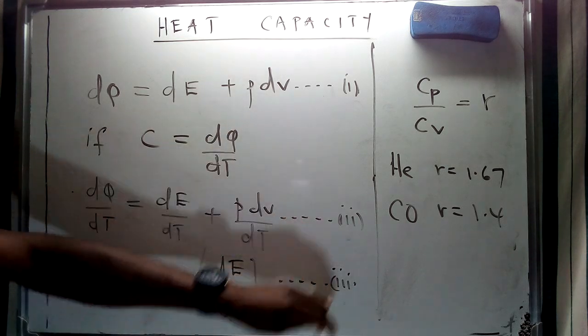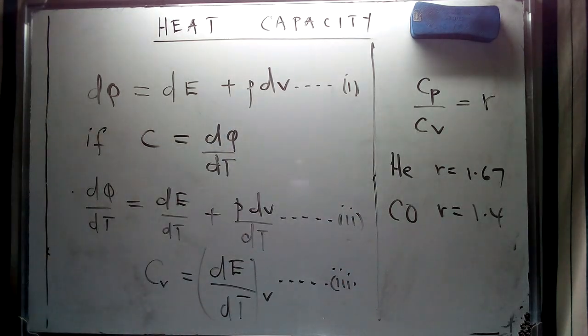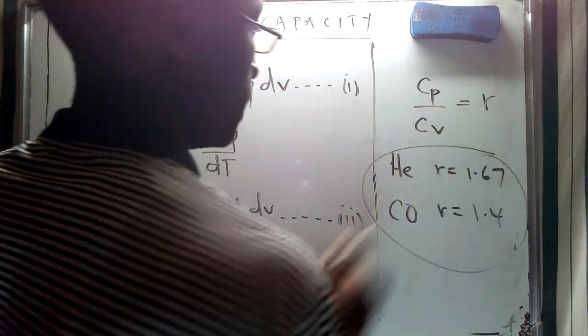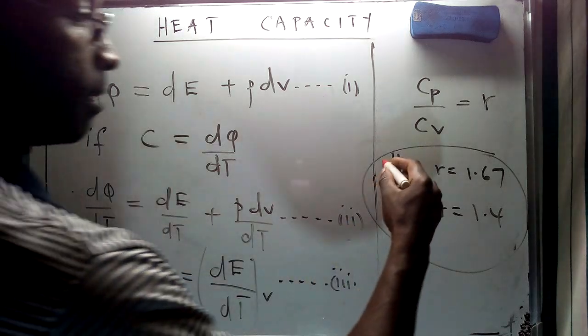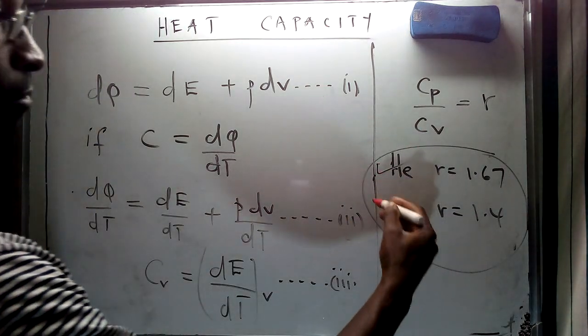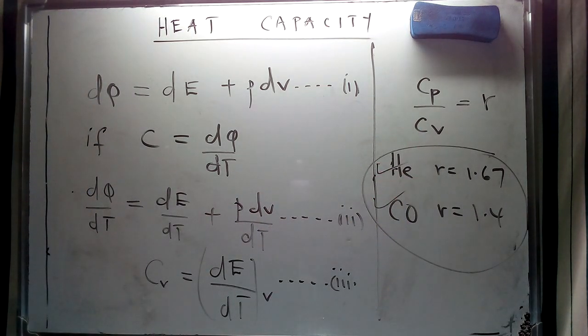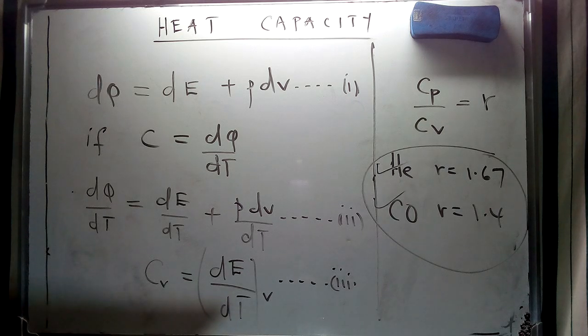The various equations that I've given on the board, 1, 2, 3, and 4, give us one aspect of describing various ratios for heat capacity, especially the last one I mentioned for monoatomic gases, an example being helium, and diatomic, for carbon monoxide, given as such.